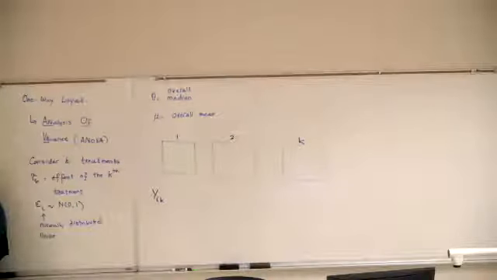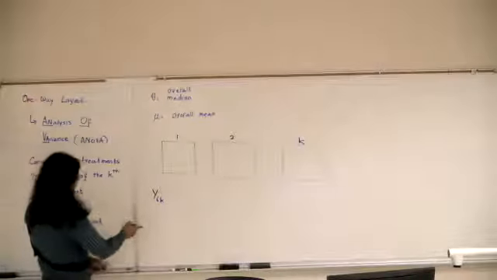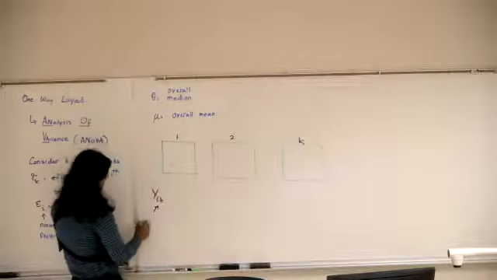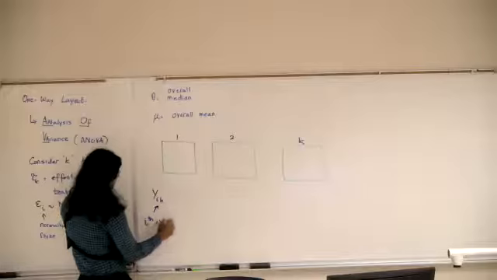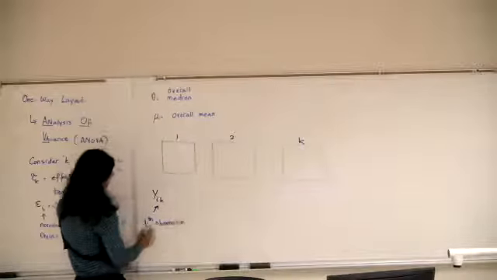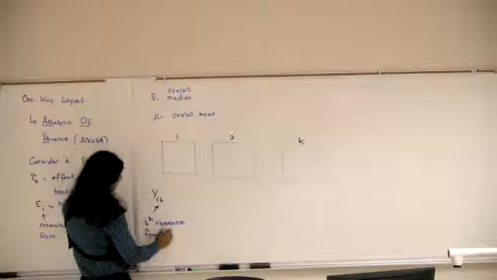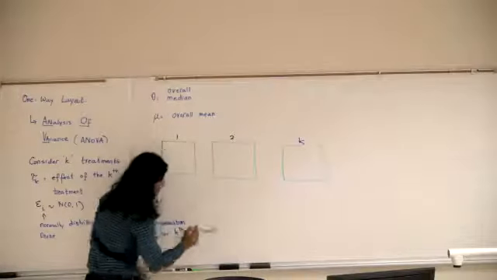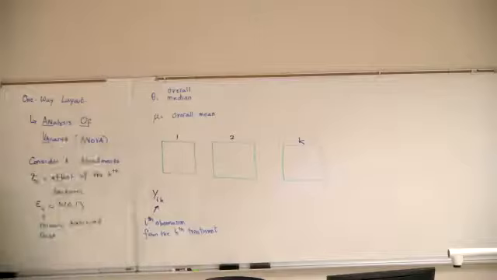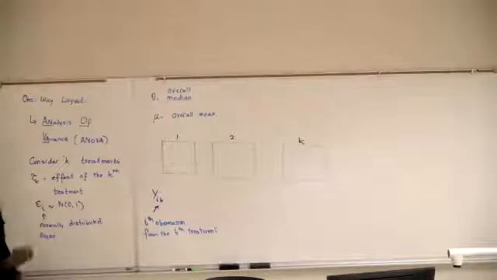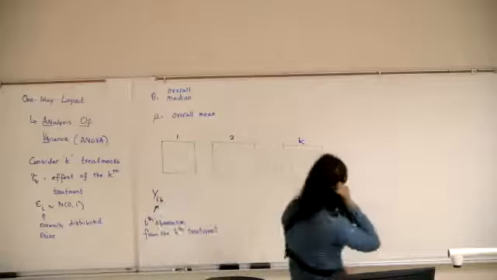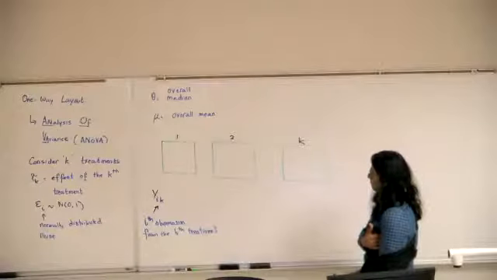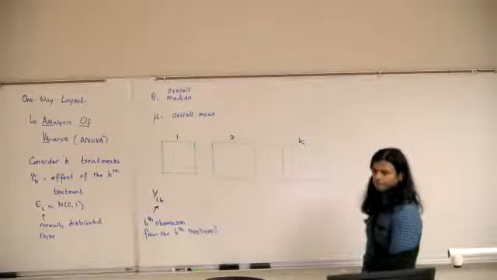I need two indices because when I write Y sub IK, that means the ith observation from the K treatment. Good.